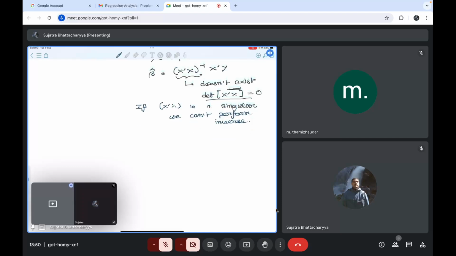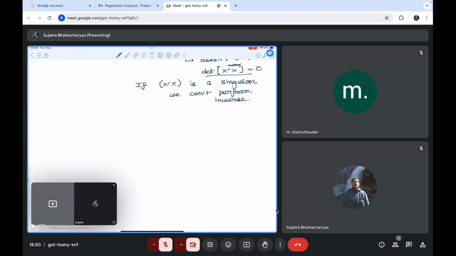This is the concept of multicollinearity. When there is a dependence between the regressor variables, there is a possibility that the inverse might not be calculated. If this kind of problem exists, how can we detect it? Those are the things discussed in this week's lecture.